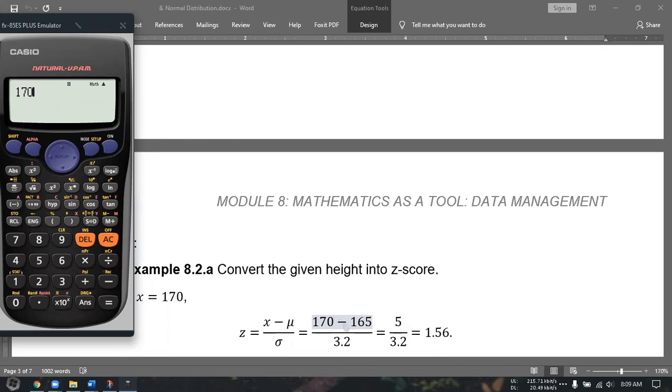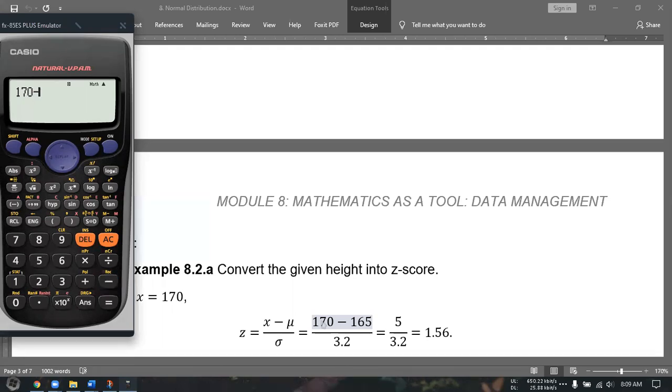For example, 165 minus 170 over 3.2 would give you negative 1.56, which should be on the left side of the normal curve, which is not correct, because 170 is greater. Obviously 170 is somewhere on the right side of 165.